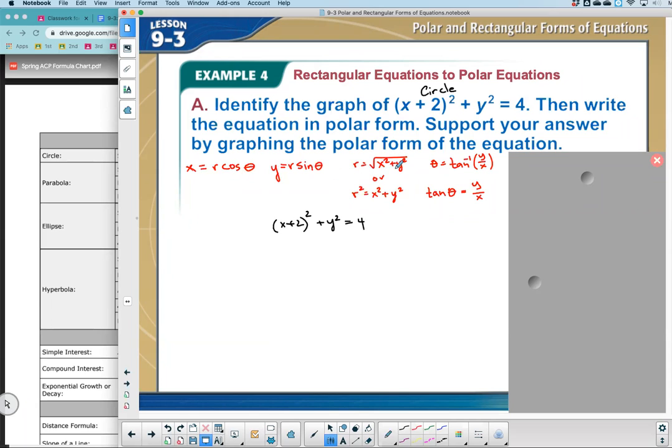This has x and y, but they're not squared, if that makes sense. Over here, what's unique is that it's theta by itself, or it's y divided by x. Those are the unique things you're looking at. So when I look at my problem, which category does it fall into? Category 1 with r cosine, 2 with r sine, 3 with the squareds, or 4 with a theta by itself?